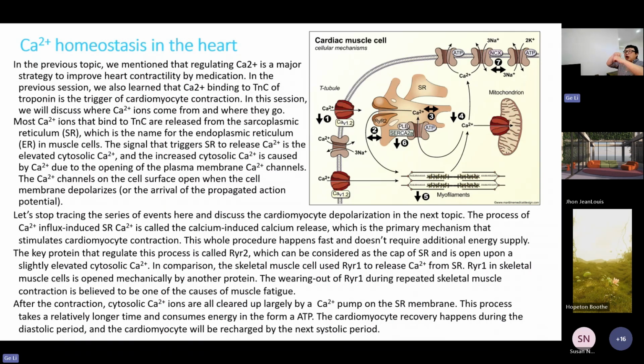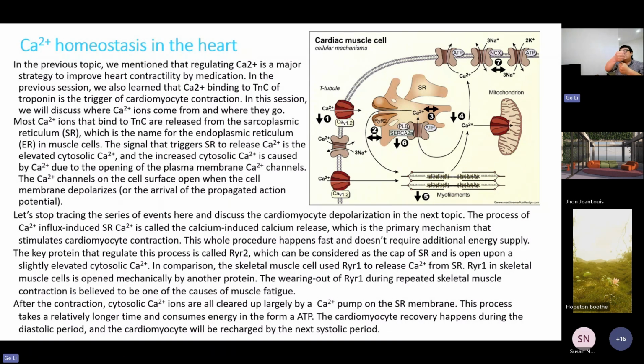Once this RYR is open, it releases way more calcium ions from the SR storage all the way into the cytoplasm. Then the increased level of calcium ions in the cytoplasm will quickly bind to the protein called troponin. The troponin is a protein that holds the tropomyosin to block the myosin binding site on the actin.